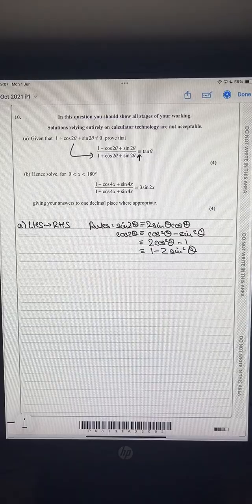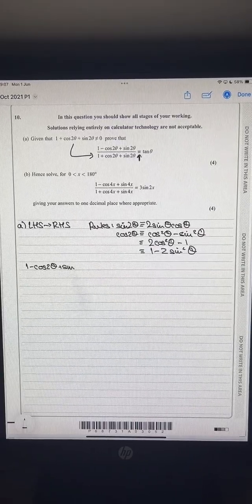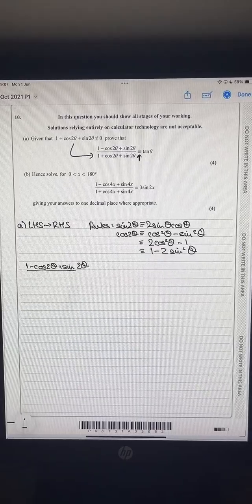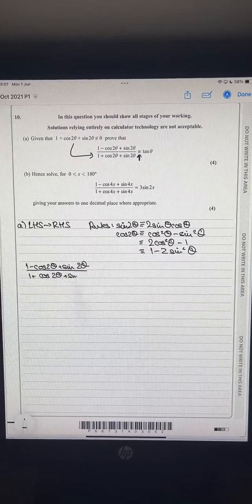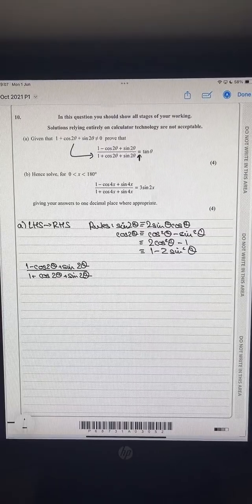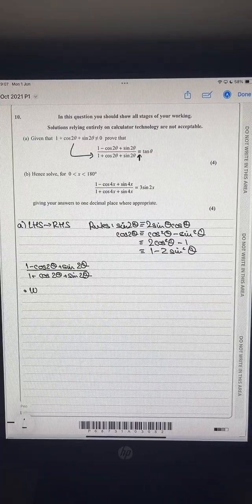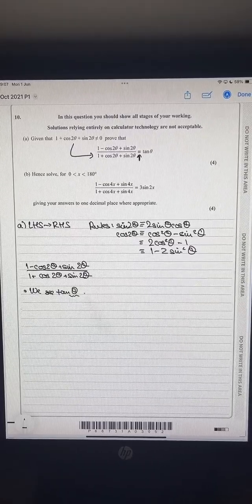Okie dokie. So, my left-hand side is 1 minus cos of 2 theta plus sine of 2 theta divided by 1 plus cos of 2 theta plus sine of 2 theta. So, my goal is I want a tan theta, and I have 2 thetas here. So, I'm going to write down the 2 things I need to do. We see tan of theta, so we want to turn our 2 thetas into thetas.